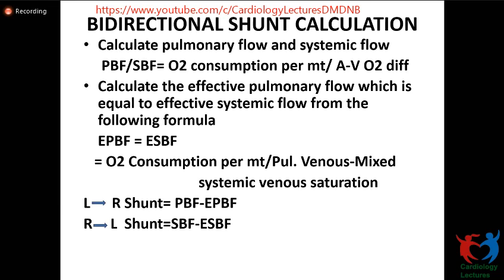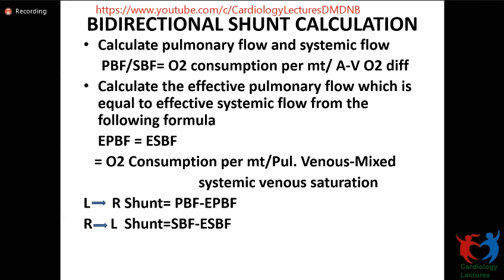That blood cannot take part in the oxygen absorption, and only the deoxygenated blood can release carbon dioxide and take in oxygen. So the part of the blood which takes part in the oxygen transfer is the effective pulmonary blood flow, which is equal to effective systemic blood flow.